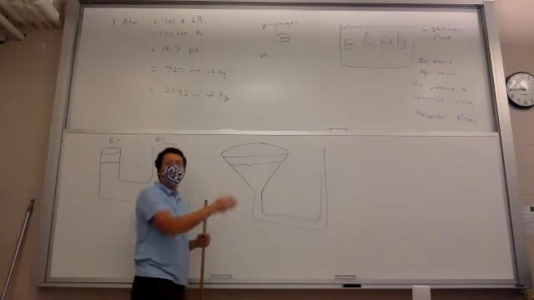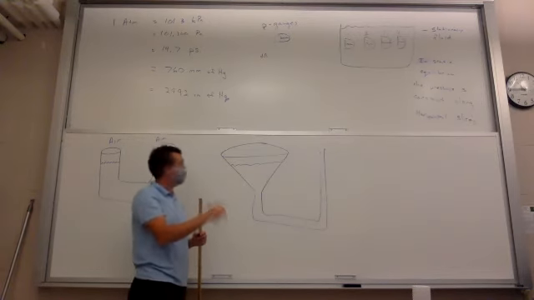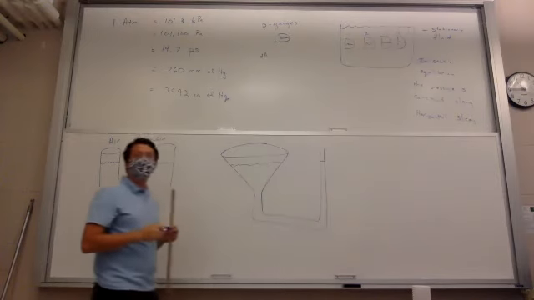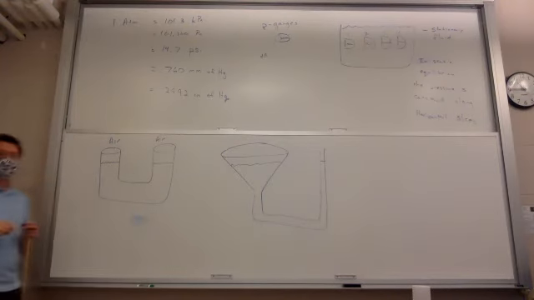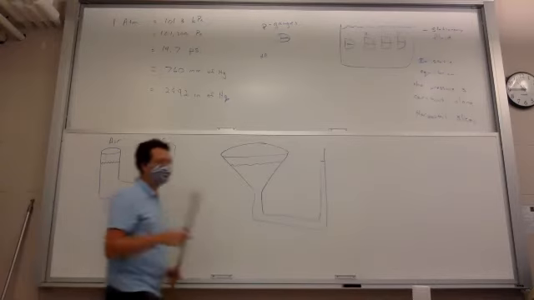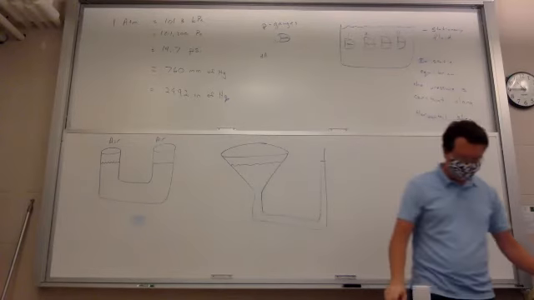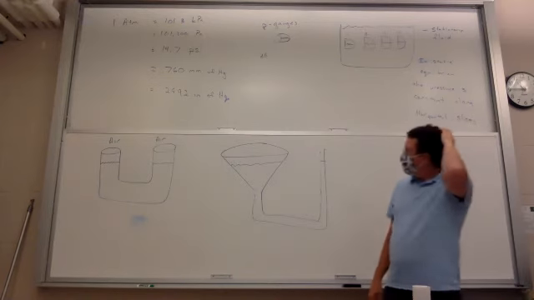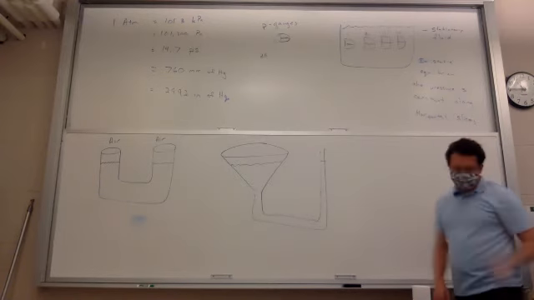Well, they're both open to the air, so it has to be the same. Shape does not matter. Okay, that's a little confusing. That's true. All right, just think about that.